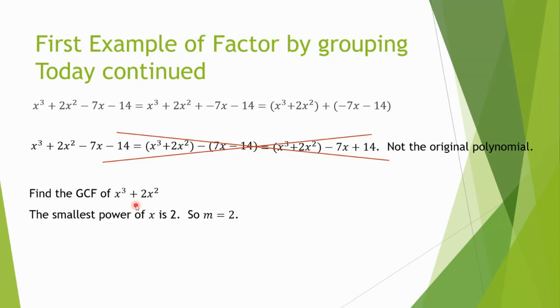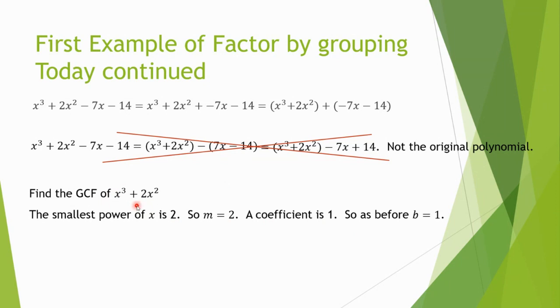So in that GCF, that m is 2. And again, we have a coefficient here of 1. It's just like finding the GCF of the first polynomial: the greatest common factor of the coefficients, and the constant term if it's here, but that's not here. So just of the coefficients is going to be 1.